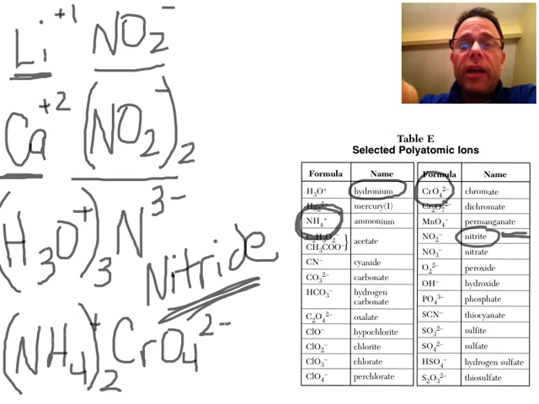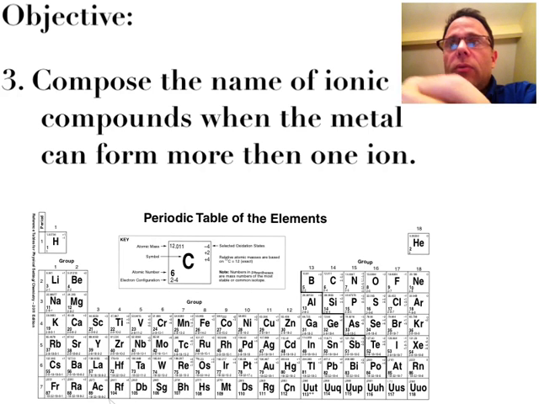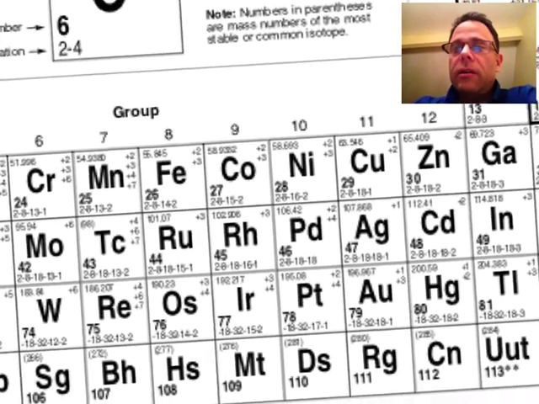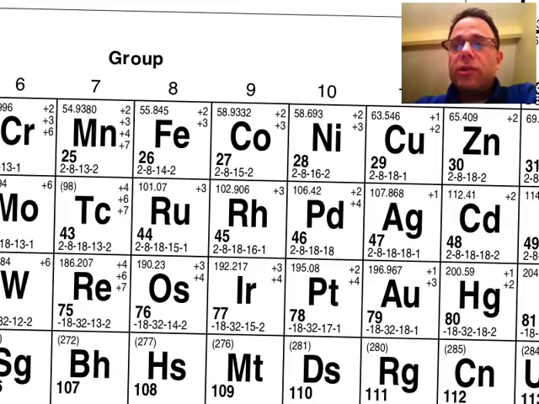Here we go on to our last objective. Now, we need to compose the name of ionic compounds when the metal can form more than 1 ion. What I mean by that is the following. Let's just take 2 examples. Iron.